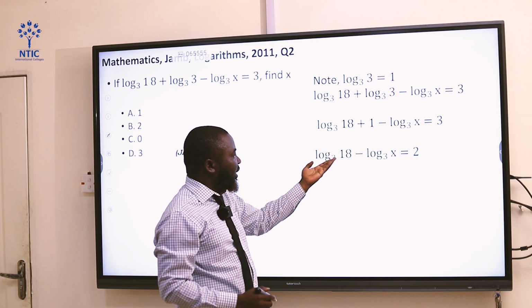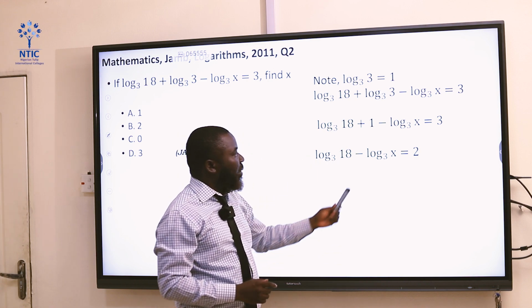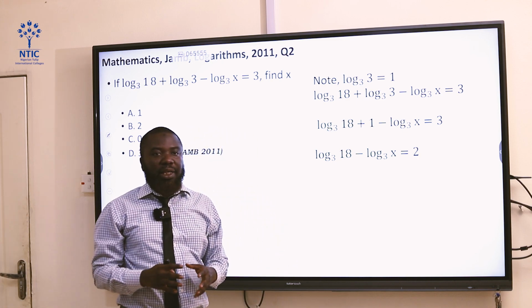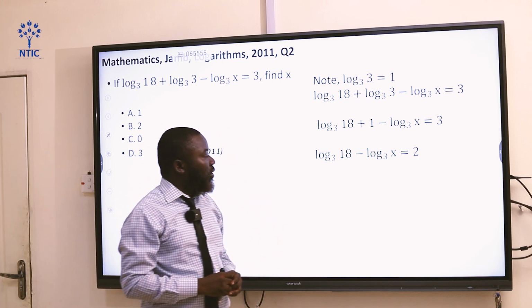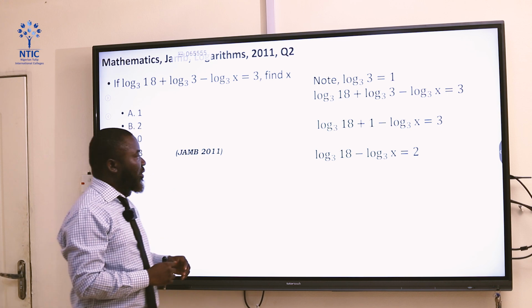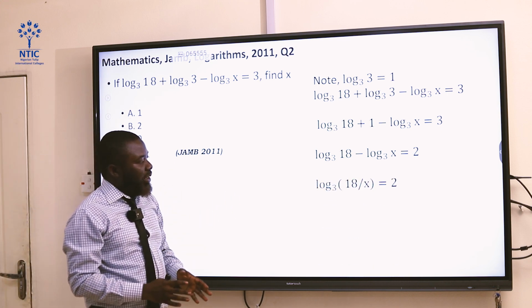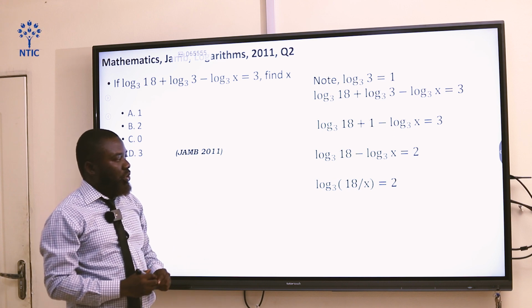And then we'll have log 18 to base 3 minus log x to base 3. At this point we can apply the subtraction law, which says we should divide. So we're going to have log 18 divided by x to base 3 equals 2.